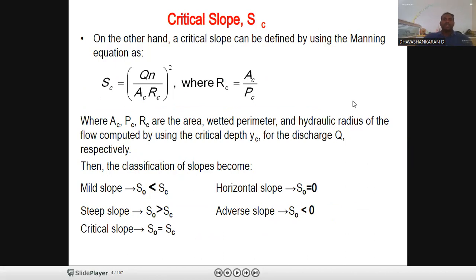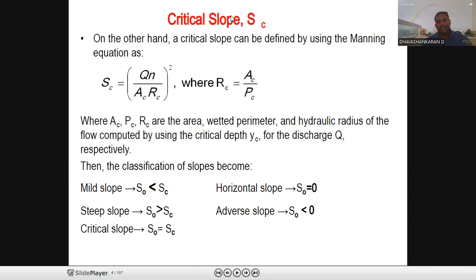By using Manning's N, we find the critical slope. The formula is SC equal to Q into N divided by AC, the critical area, into RC power 2 by 3, where R is the critical mean depth. So SC is nothing but the critical slope.